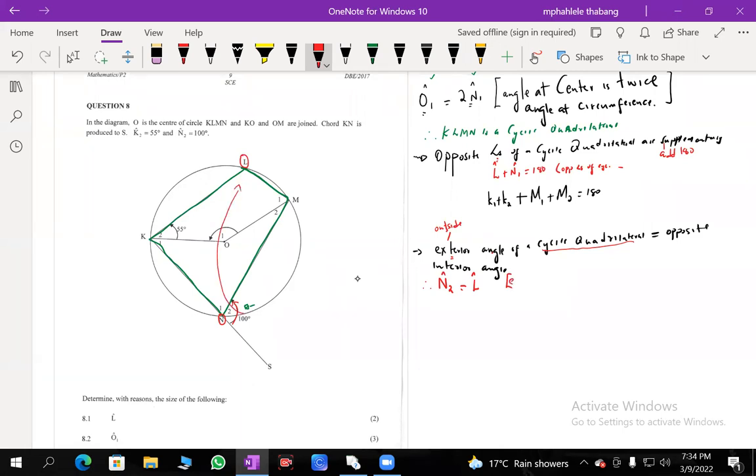We say the exterior angle of a cyclic quad equals the opposite interior angle.